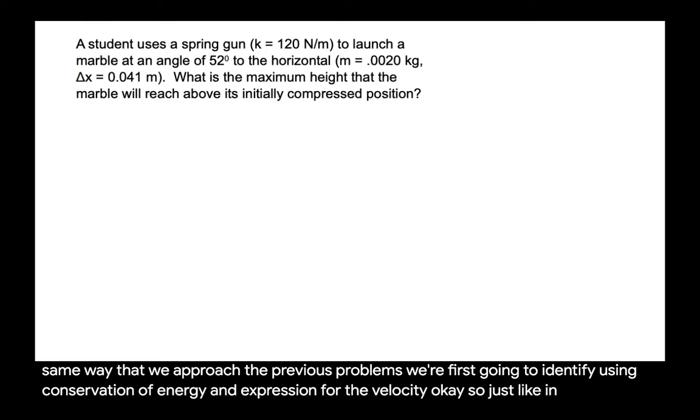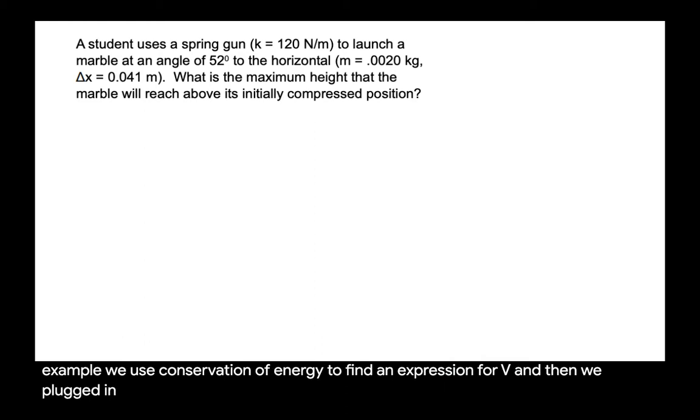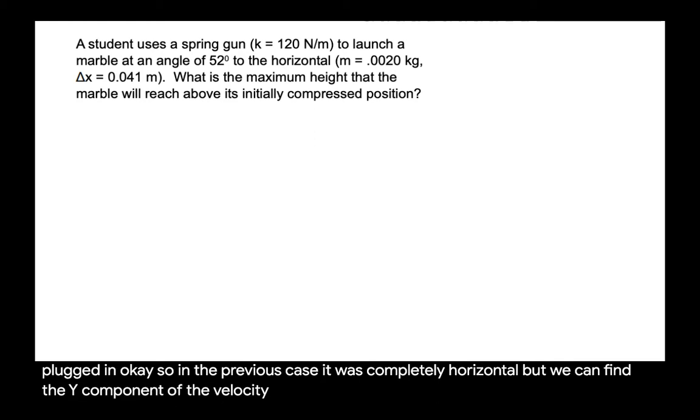Just like in our previous example, we use conservation of energy to find an expression for v, and then we plugged in. In the previous case, it was completely horizontal, but we can find the y component of the velocity quite easily. So let's start with conservation of energy.